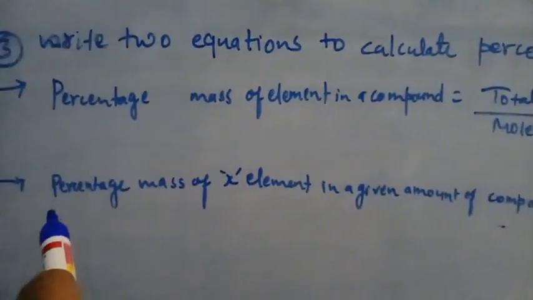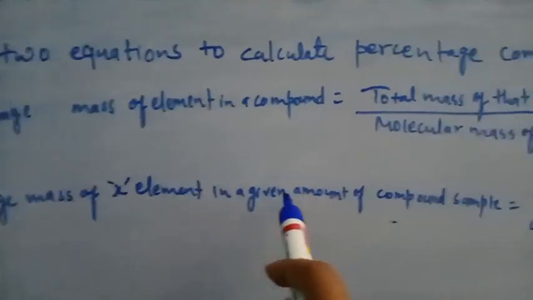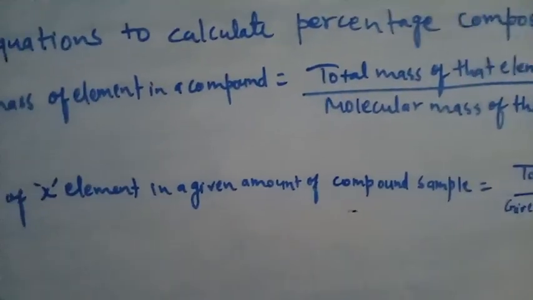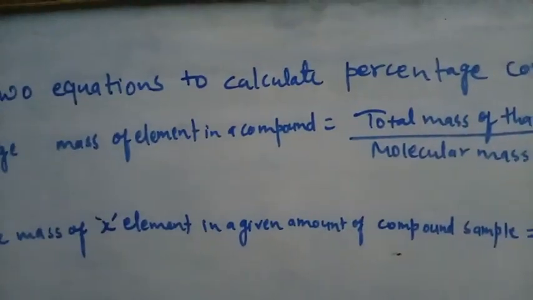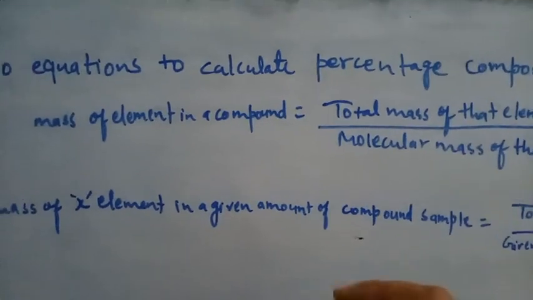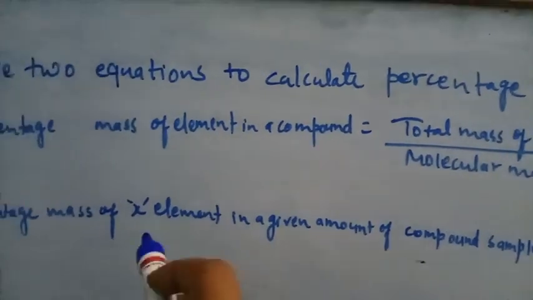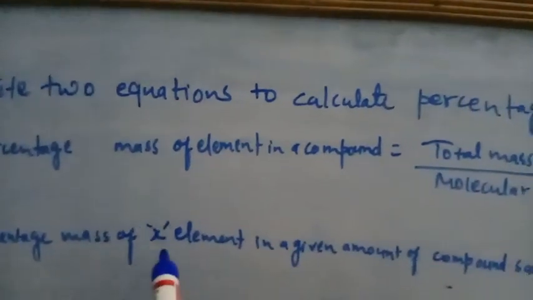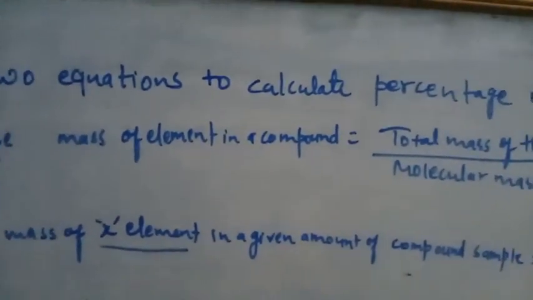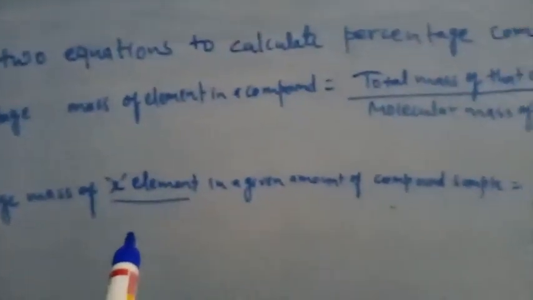Now the second equation was the percentage mass of element X in a given amount of compound sample. If you are given a certain amount of compound sample, and in that sample you are asked to find the percentage mass of the individual element, then you can use this equation.